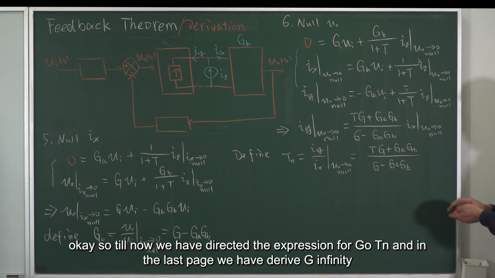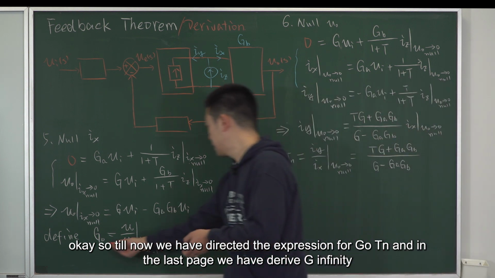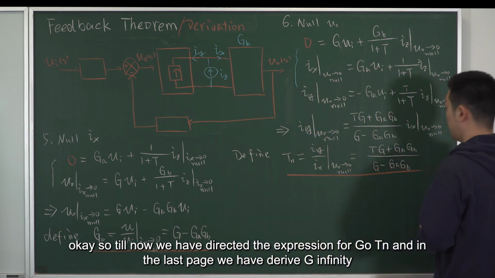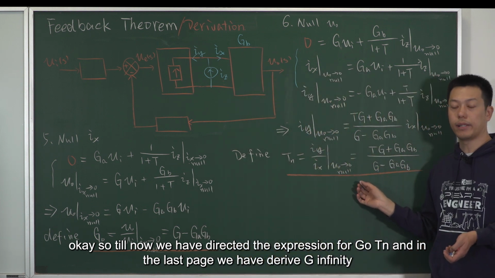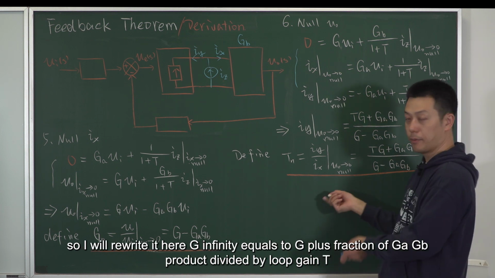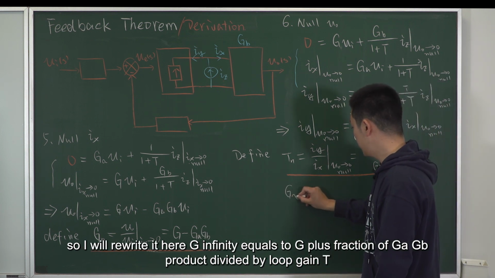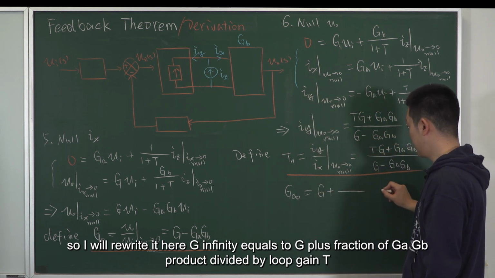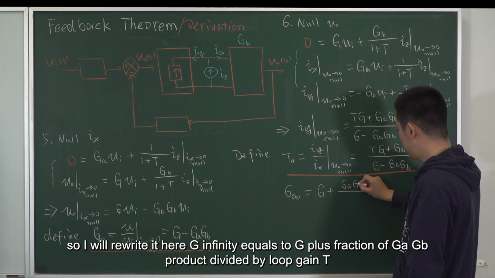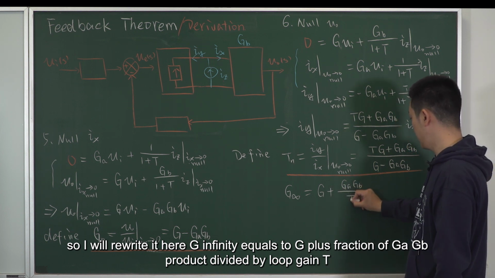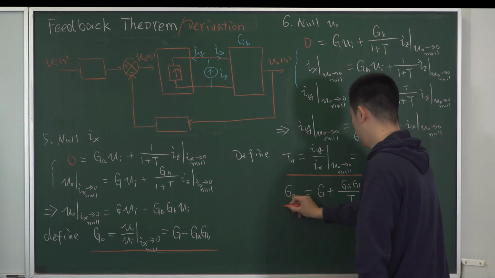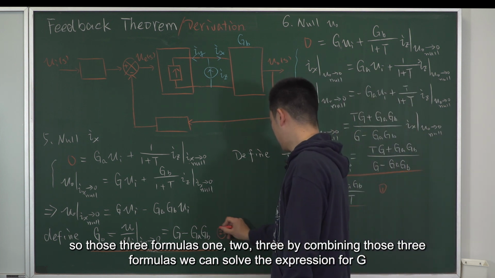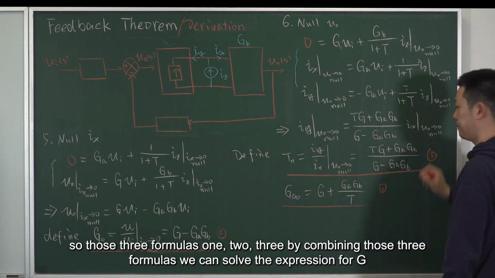Okay, so till now we have derived the expression for G0 and Tn, and in the last page we have derived G infinity. So I will rewrite it here. G infinity equals G plus the fraction of GA, GB product divided by loop gain T. So those three formulas, 1, 2, 3.